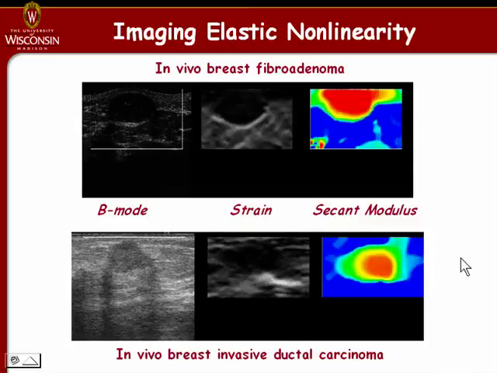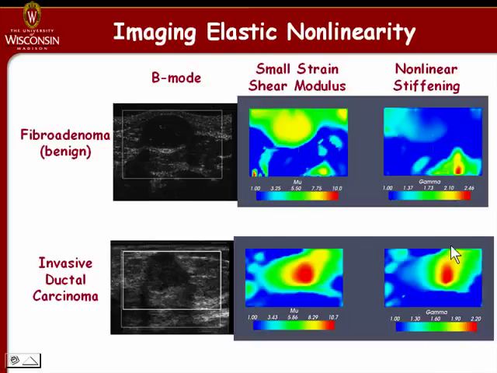Another way of doing that is to do what's called a nonlinear modulus reconstruction, where we reconstruct a small strain shear modulus and then a nonlinear stiffening parameter, or a parameter that describes the curvature of that stress-strain curve. We see that the fibroadenoma starts out stiffer than the background tissue, but it doesn't really stiffen faster than the background tissue.